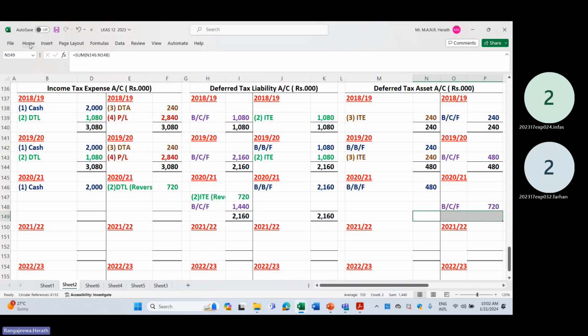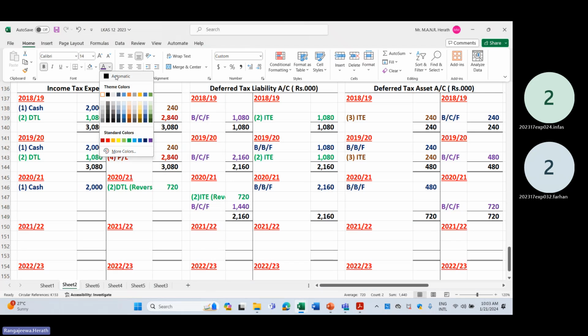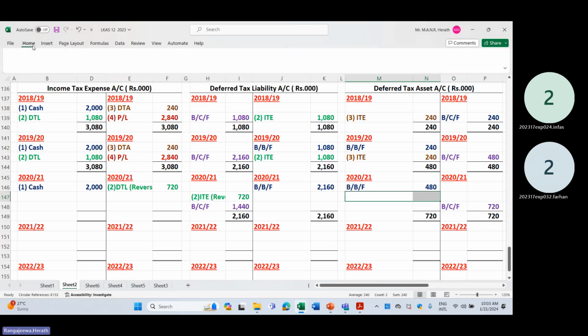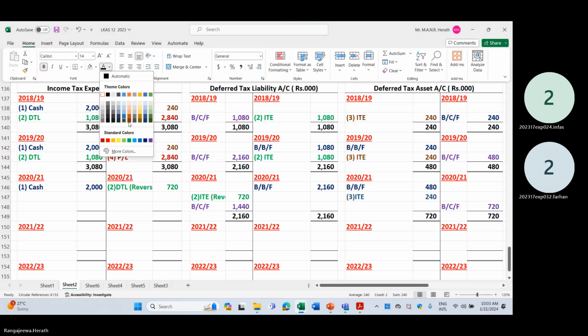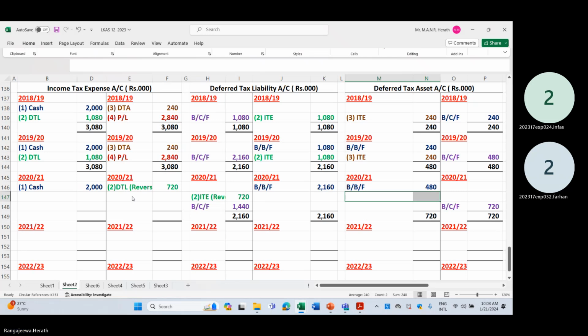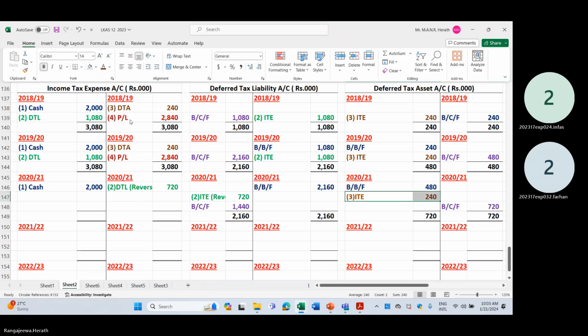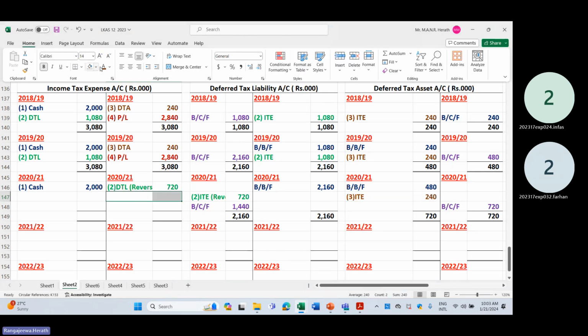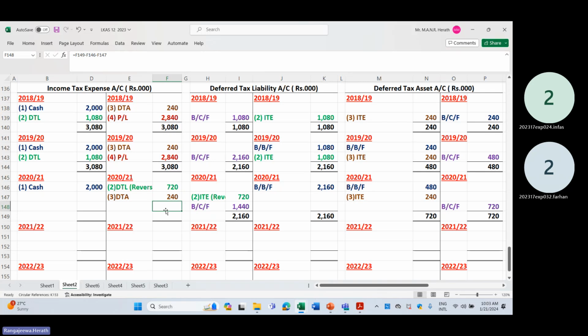So 480 increasing to 720 means a deferred tax asset is created. Asset created means debit deferred tax asset, credit income tax expense by 240. So a deferred tax asset is created from 240. That also credits income tax expense. Now two credits are coming: the liability reversed, and the tax asset was created.